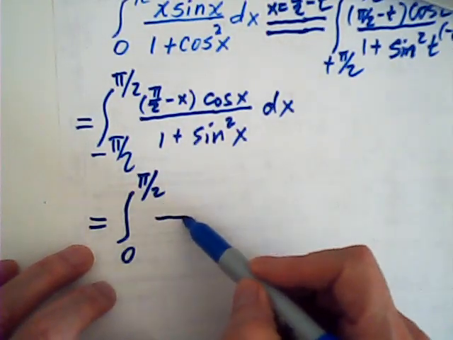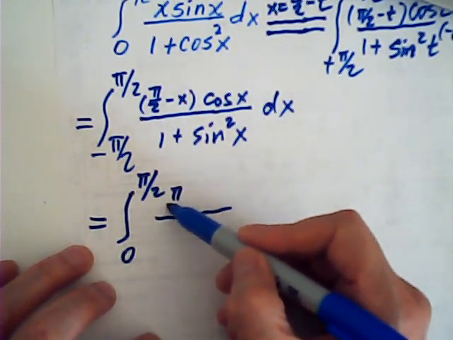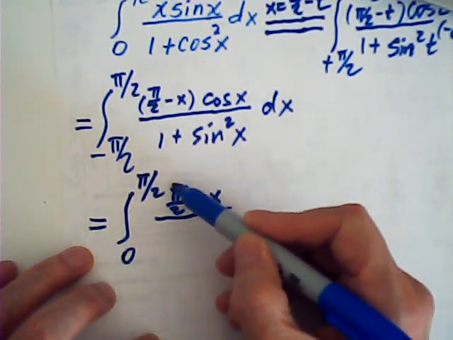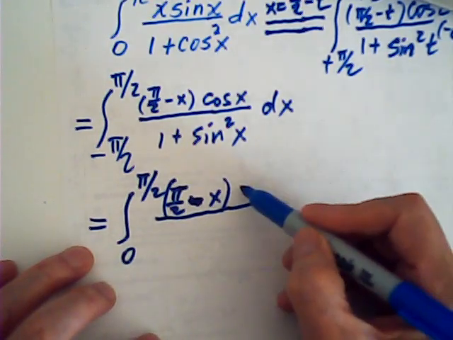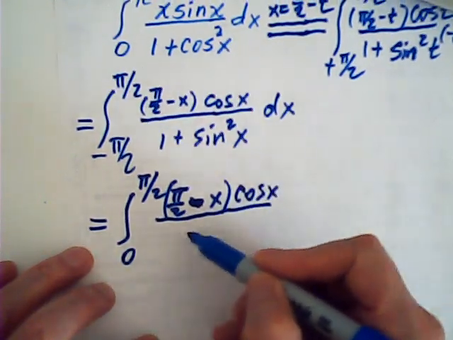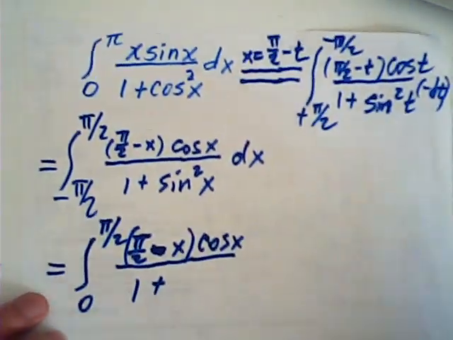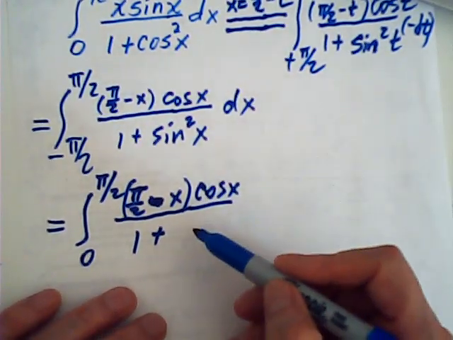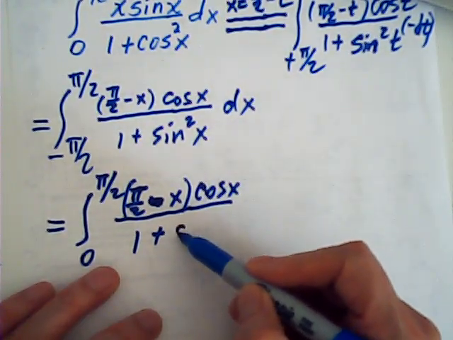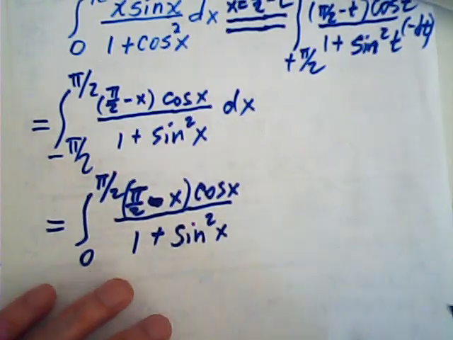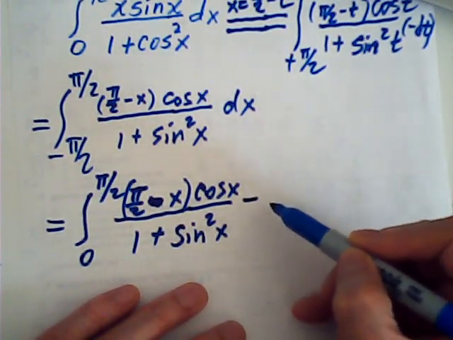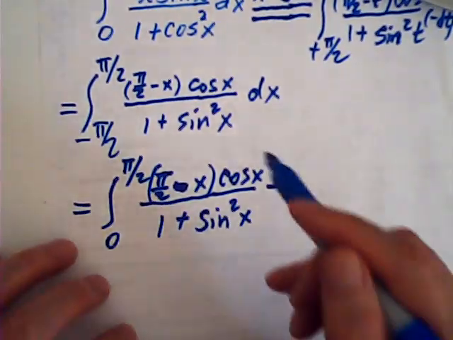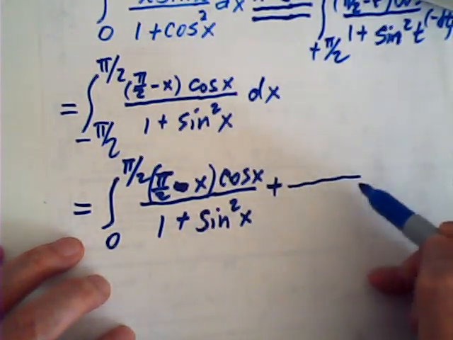Of f of half pi minus x, which is cosine x over 1 plus sine square x. I have to be very careful because I always make some absent-minded errors. Plus f of negative x.